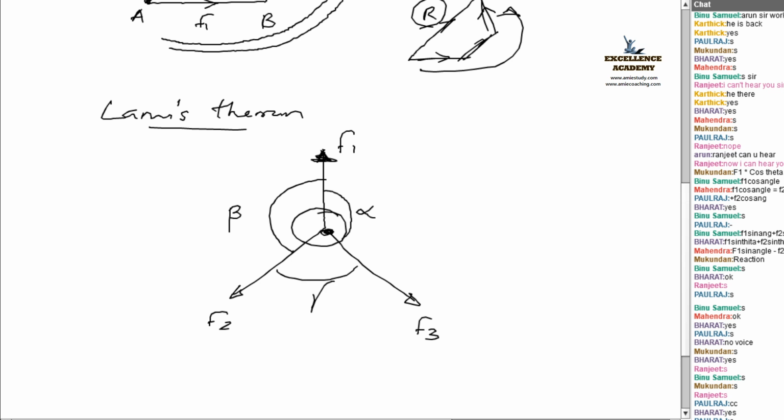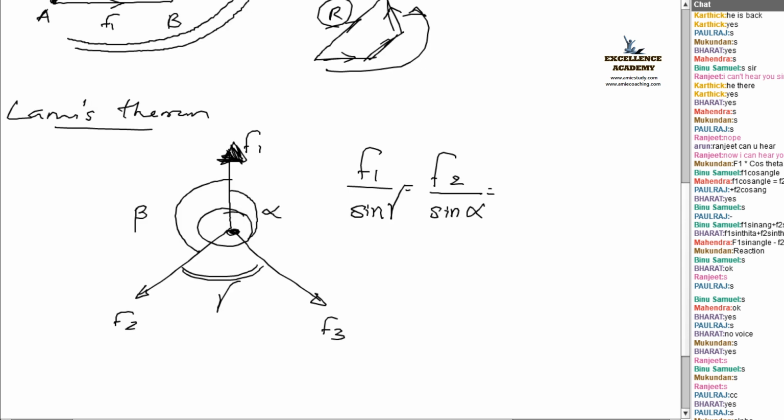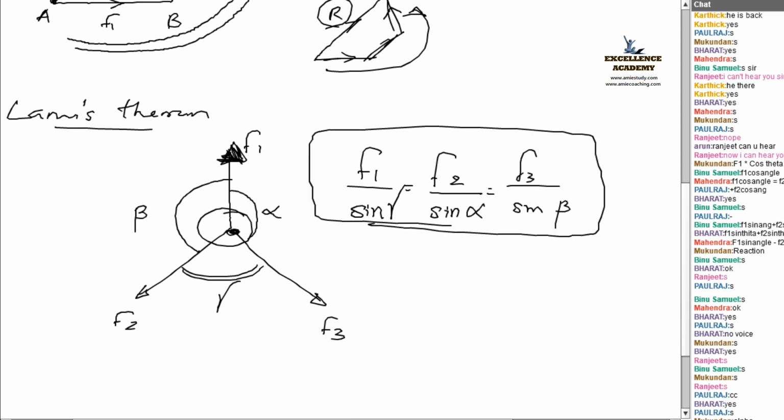So according to Lami's theorem, F1 by sine gamma, that means F1 is this force and gamma is the angle between the other two forces, equals F2 by sine alpha, equals F3 by sine beta. This is called Lami's theorem.